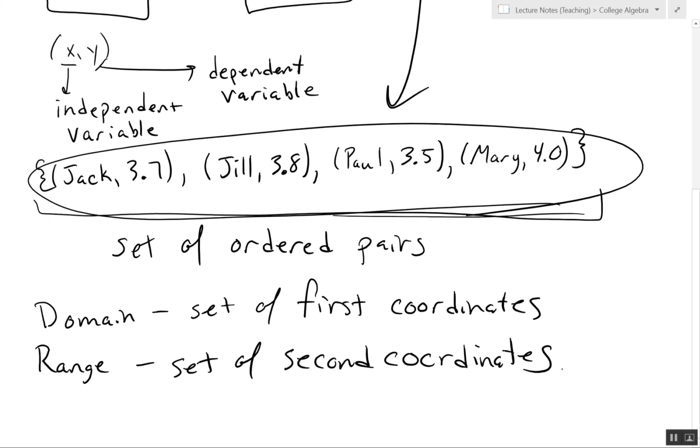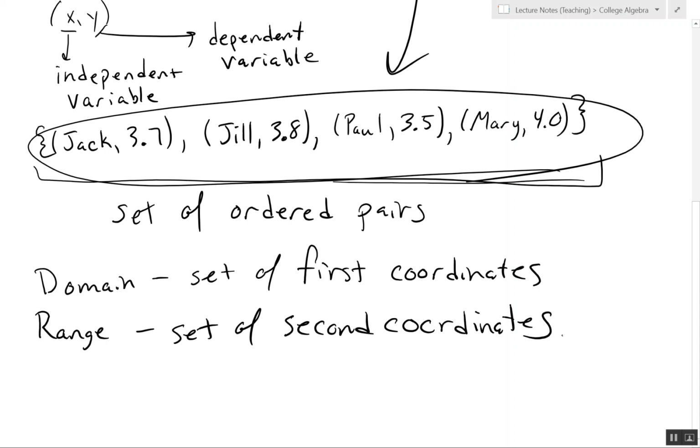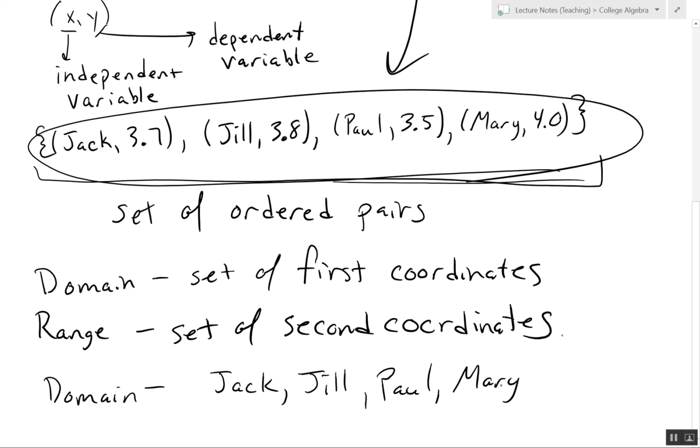And so in this case, for our relation on the screen, our domain is, and leave yourself a little room here, Jack, Jill, Paul, and Mary. But again, this is a set of people. And so just like with the ordered pairs, they are going to get this weird little bracket notation.